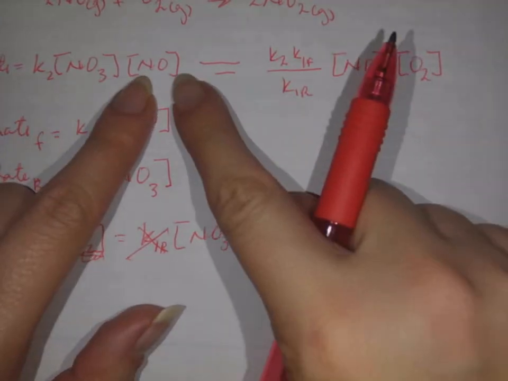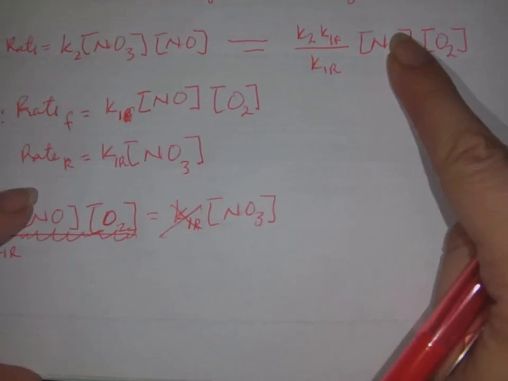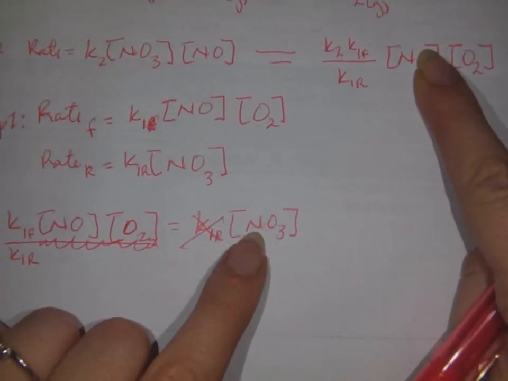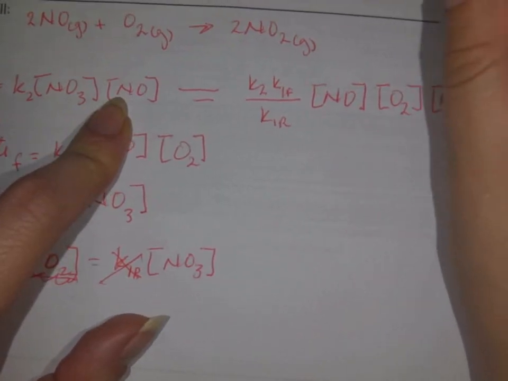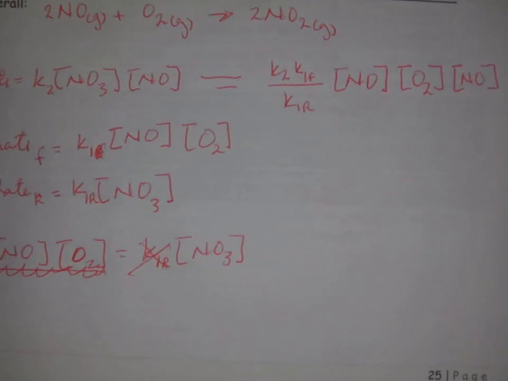And then this guy doesn't disappear, and often students miss that because these two together replaced this nitrogen trioxide, and that one didn't disappear. Okay. Simplify it a little bit. Here's going to be my final answer.